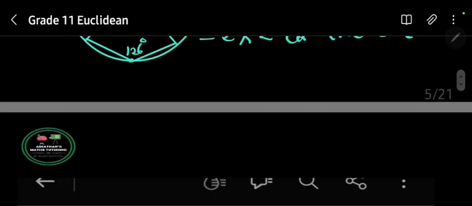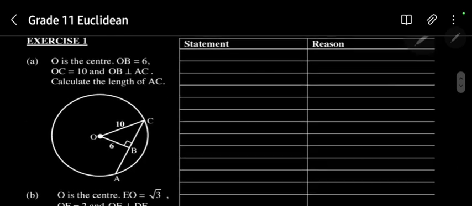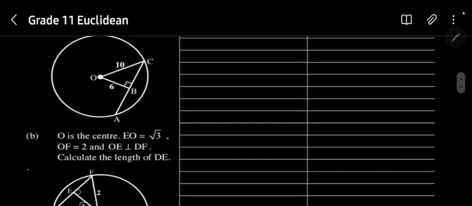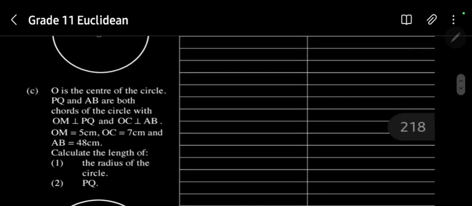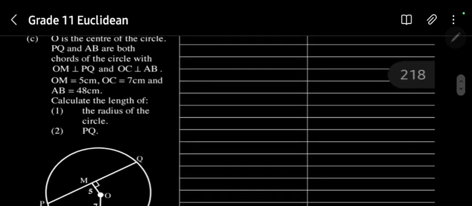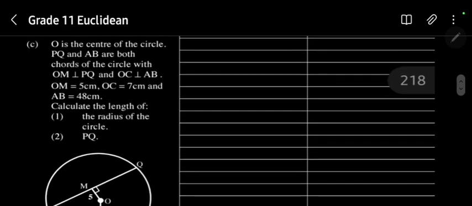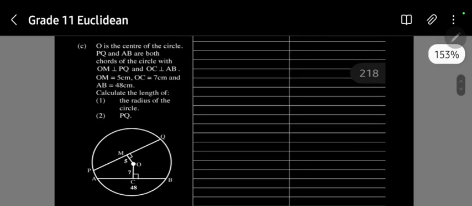Okay, so quickly screenshot these exercises. This is exercise 1. This is A, screenshot it. Then this is your B, screenshot it. This is your C, screenshot. Let me try to shrink it a bit. Okay, so this is C. I hope you can screenshot it.